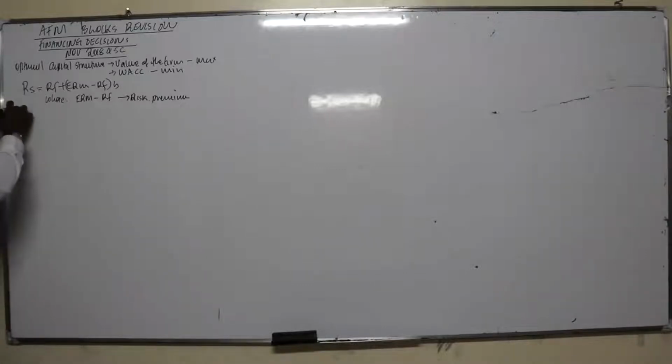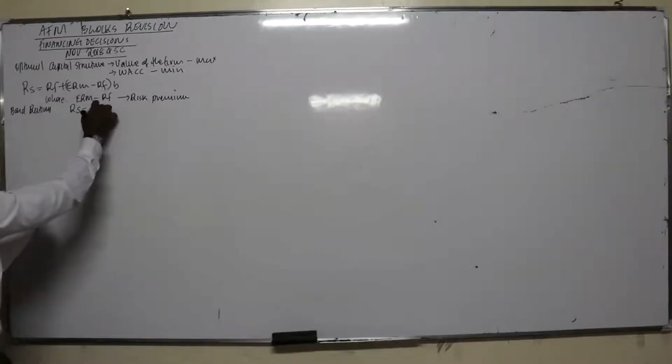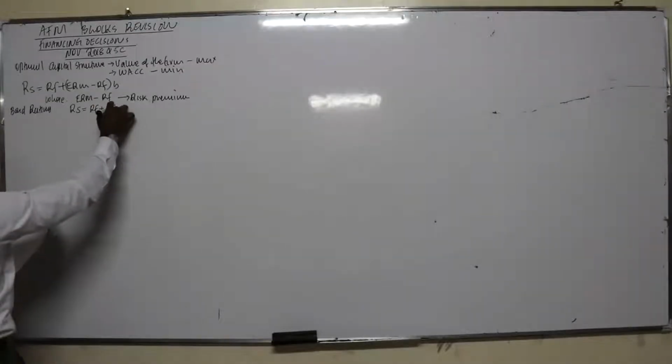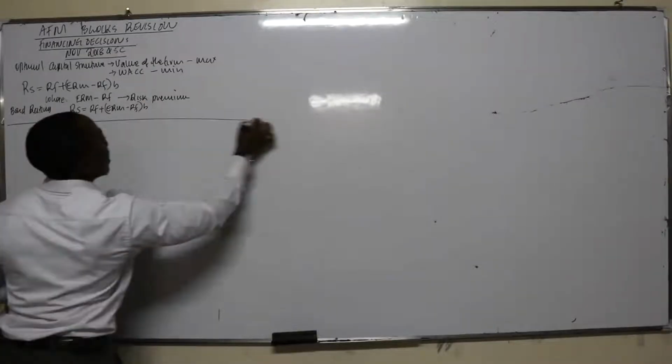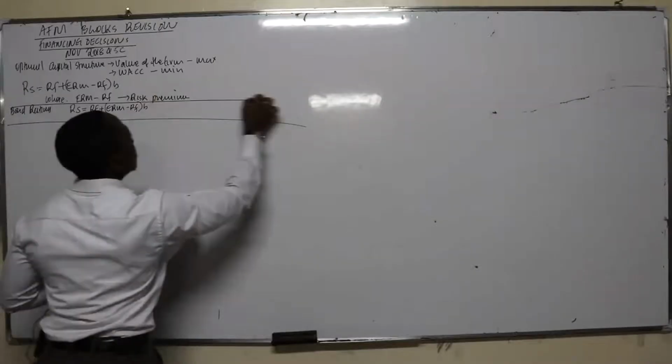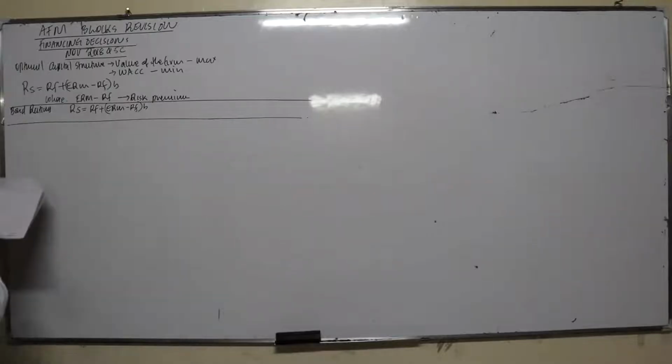So let's do that. We have bond rating, then you determine Rs, which is risk-free plus expected return of the market minus risk-free, multiplied by the beta. For the bond rating, we have A. Then how much is the risk-free rate?